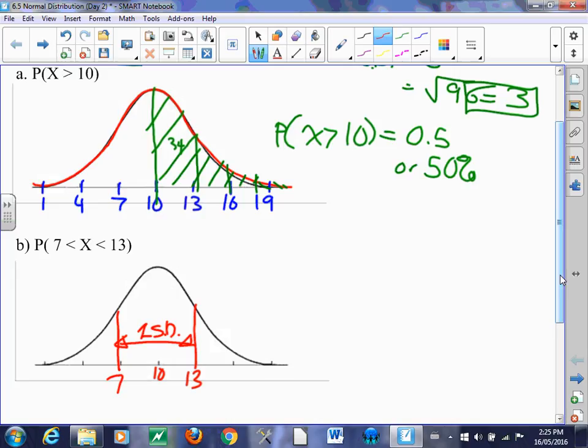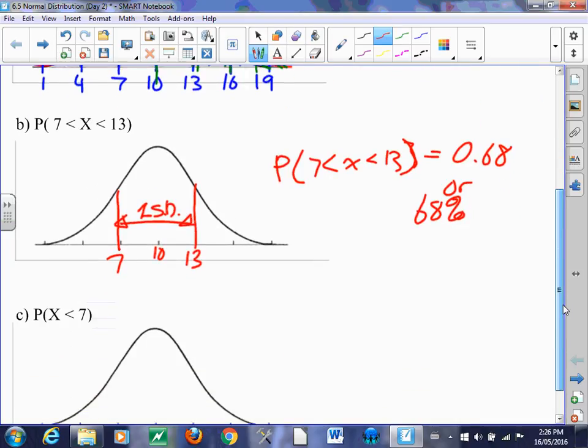Well, you should recall that it's 68% from the rule that we learned, 68, 95, 99.7. So proper communication: probability that x is greater than 7 but less than 13 equals 0.68 or 68%, because it's within 1 standard deviation, because those are the limits.